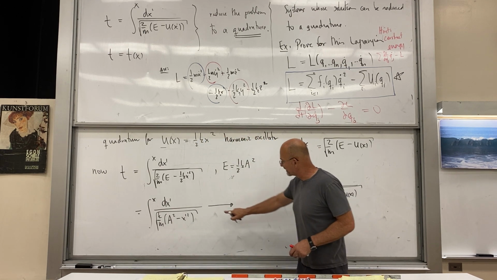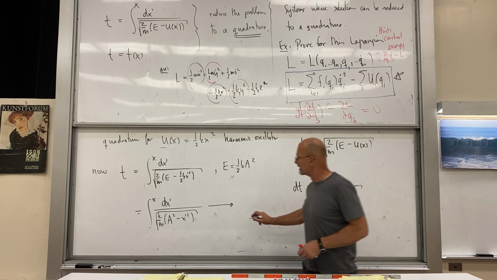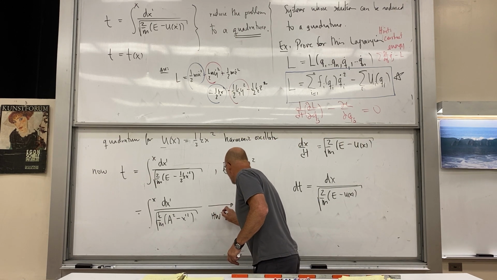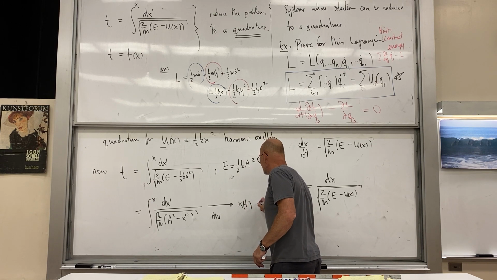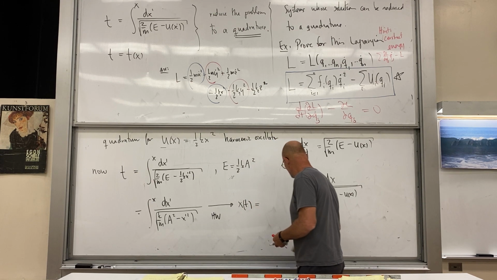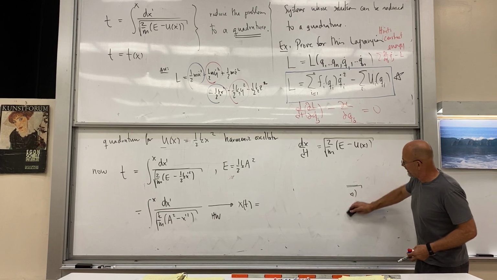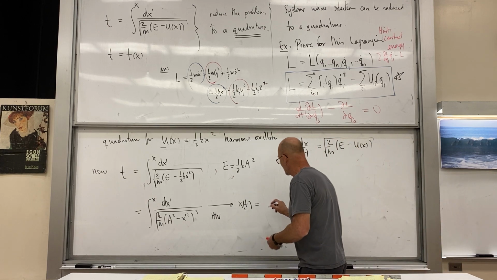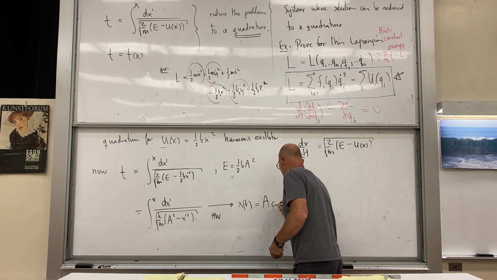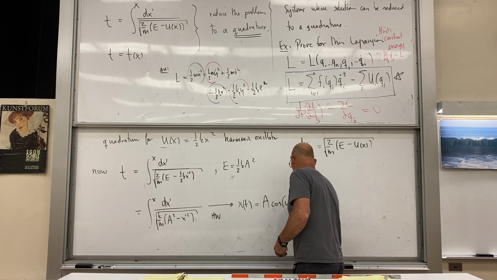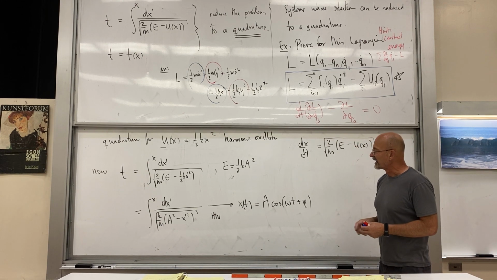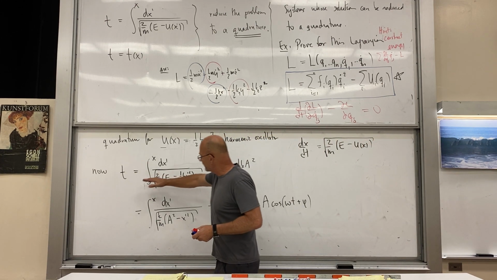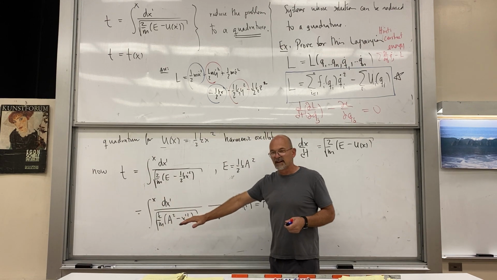And I'm going to draw an arrow there, and this is your homework. This turns into x of t equals a cos omega t plus some phase constant. So yeah, this is important. You're going to get an inverse cosine or an inverse sine out of here. Take your pick.